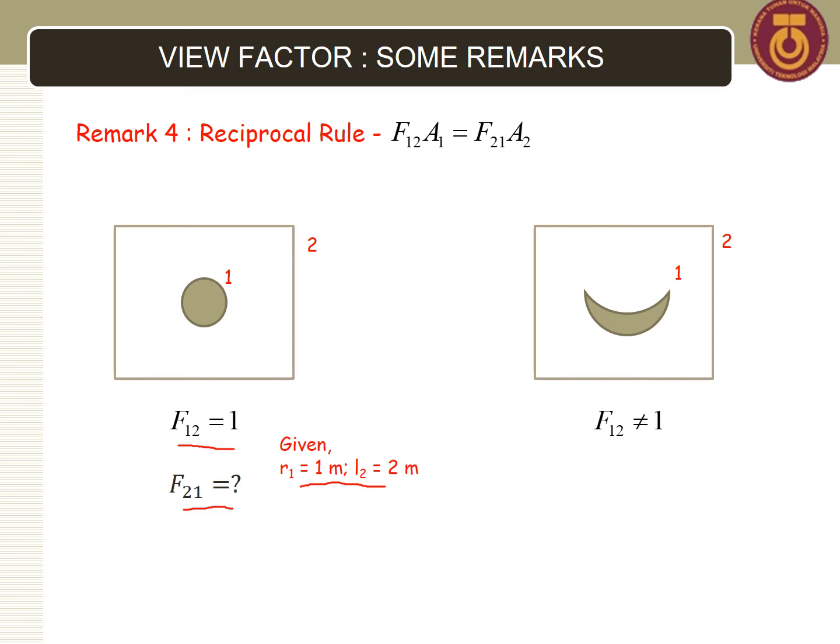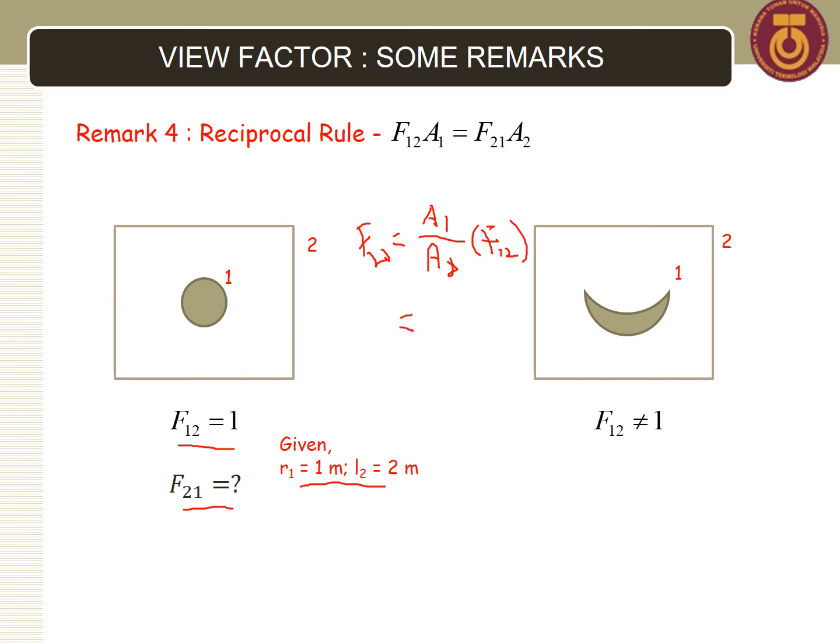So according to the reciprocal rule, F12 A1 equals F21 A2. If we rearrange it, we get F21 equals A1 over A2 times F12.